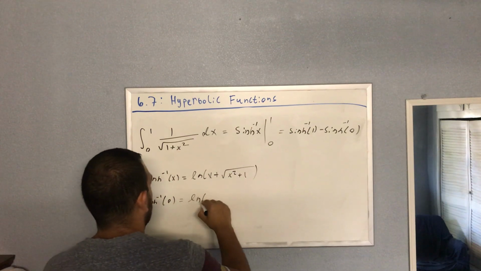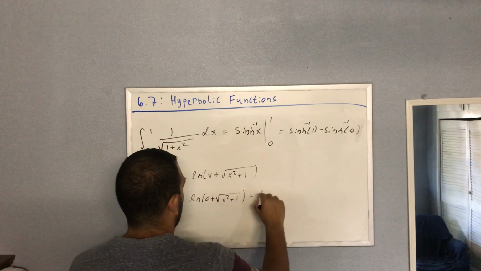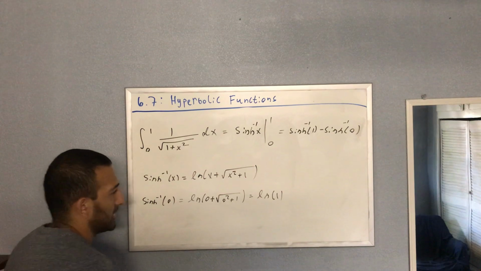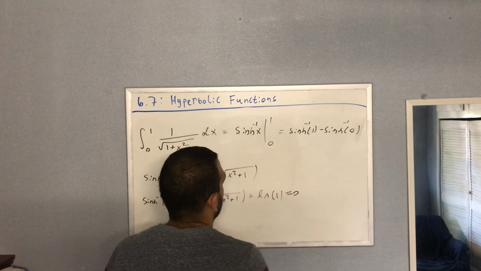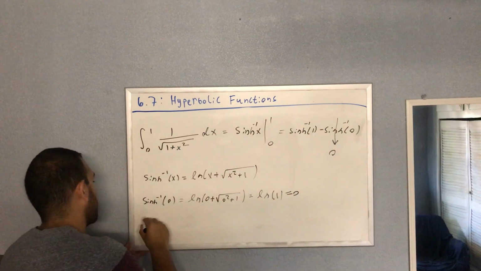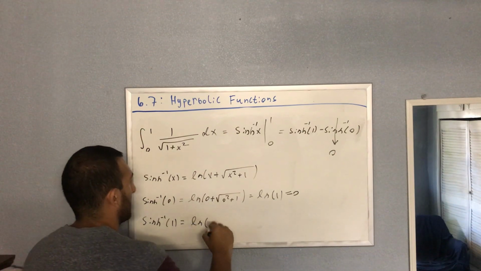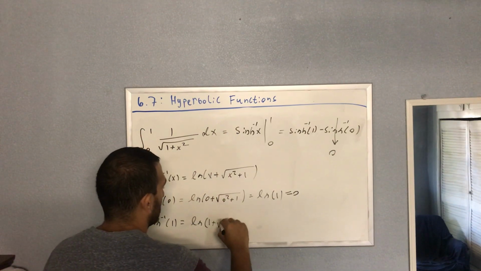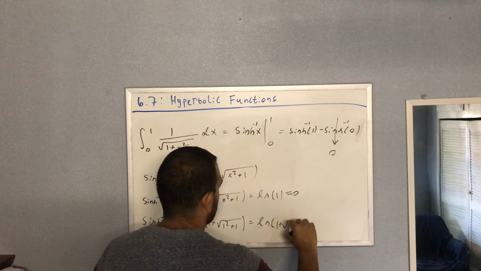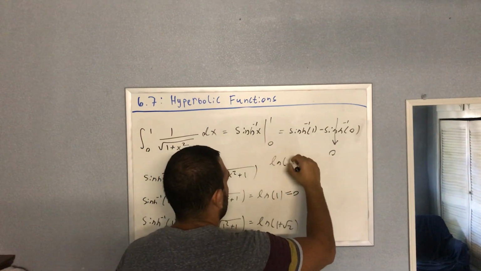Okay, well it's the ln of 0 plus the square root of 0 squared plus 1, which when the dust clears, is just ln of 1, which we said is 0. So actually that matches. So this actually is also 0. Lucky guess. And then sine h inverse of 1 would be the ln of now 1 plus the square root of 1 squared plus 1. So this is the ln of 1 plus root 2. So when the dust clears, this is the final answer.